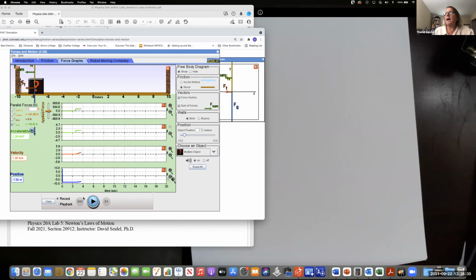Let it come to a stop now. Came back to a stop. 350. Still not enough. 360. Still not enough. Acceleration didn't go up. 370.